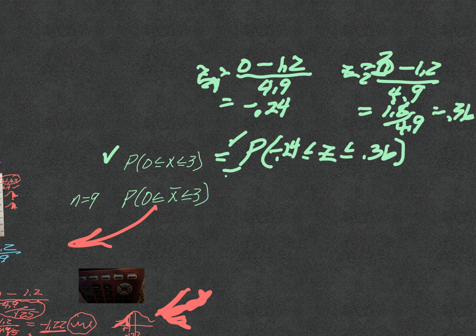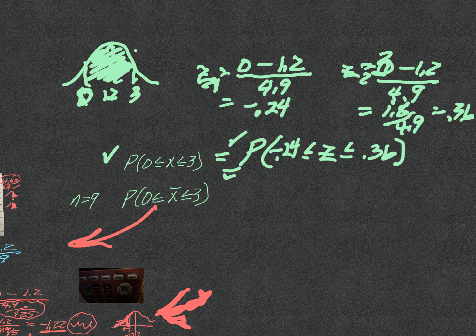Now, if you remember how to do numbers in between, if we look at the area of the problem, we're going from 0, the mean is 1.2, to 3 kilograms. We're finding the area in between those.